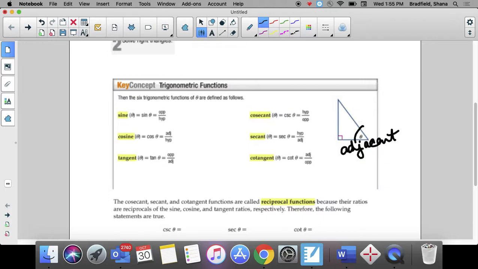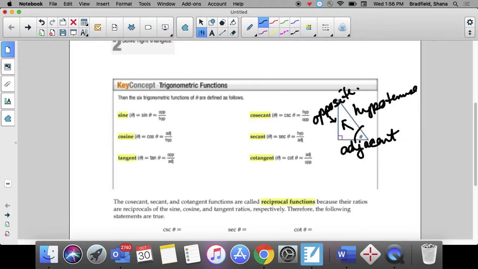The side opposite that angle is the opposite side. And the side opposite the right angle is the hypotenuse. I know you guys are familiar with this.